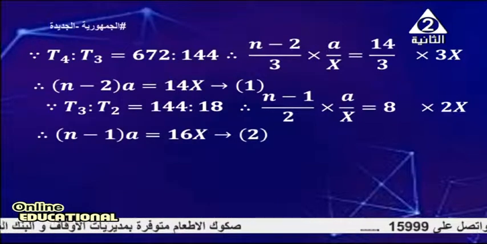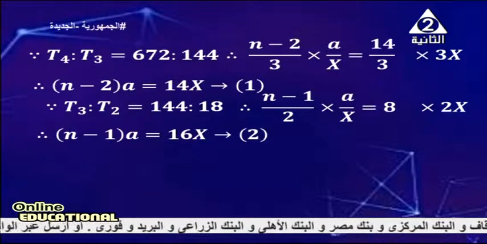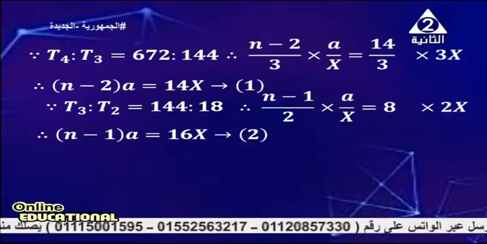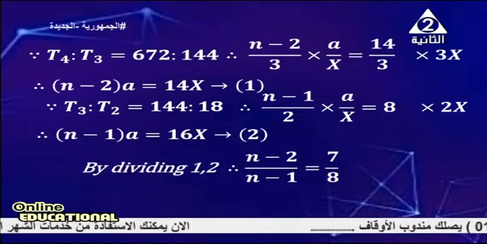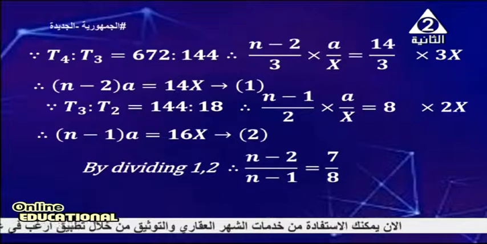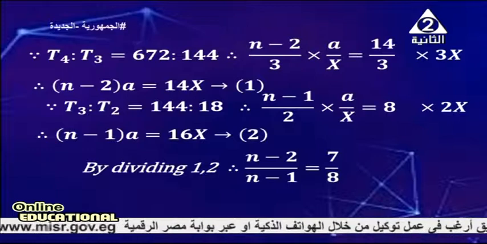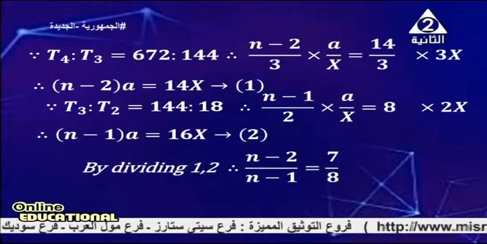The second equation: (n minus 1) a equals 16x. This is equation number 2. By dividing equations 1 and 2, we get (n minus 2) over (n minus 1) equals 7 over 8.